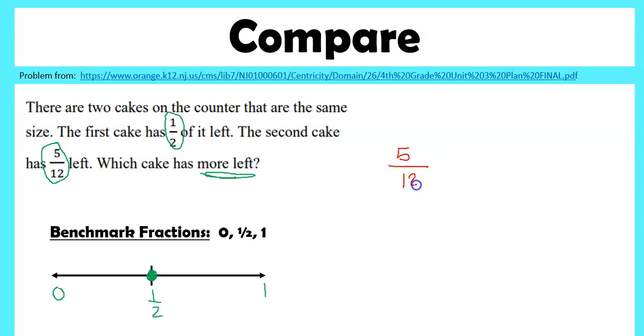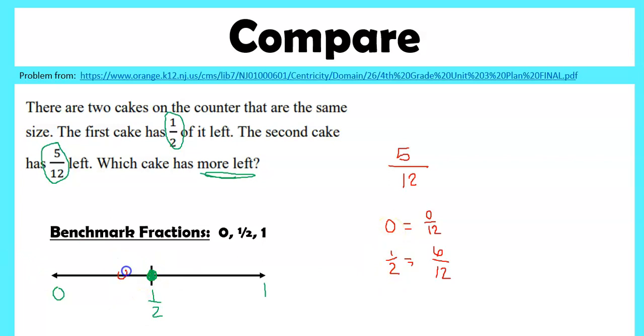I can say, well, 0 equals 0 over 12. So 5/12 is clearly larger than 0/12, or it's larger than 0. And then I have a 1/2, which equals 6/12.